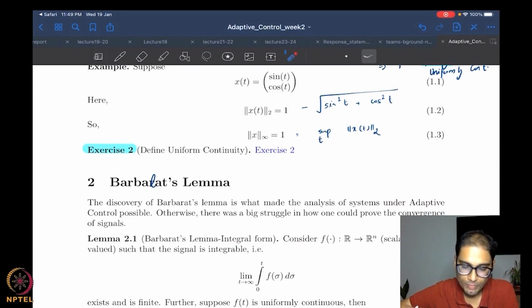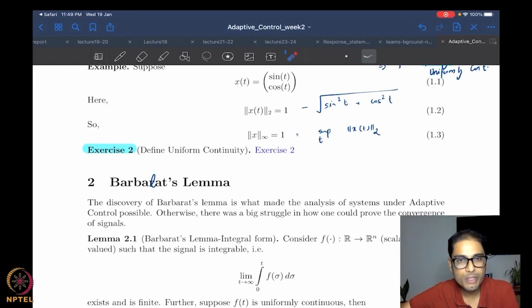But as soon as adaptive control designs came into play, and you will see later on in some examples, it was not possible to analyze convergence of adaptive systems using just Lyapunov methods. So everybody was stuck. An algorithm was found, it seemed to be working fine in examples.